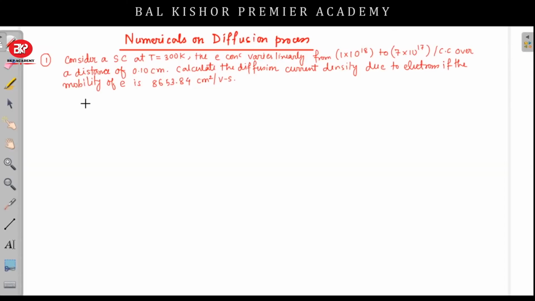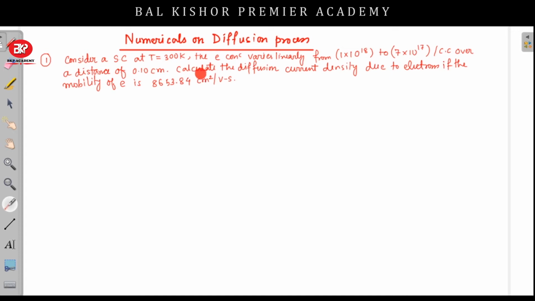In this video, we are going to discuss some numericals related to diffusion process inside the semiconductors. In the first question, it is written: consider a semiconductor at T equals 300 K. The electron concentration varies linearly from 1 into 10 to the power 18 to 7 into 10 to the power 17 per centimeter cube over a distance of 0.10 centimeter.